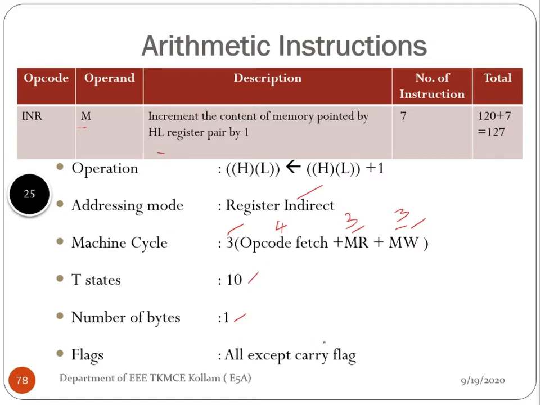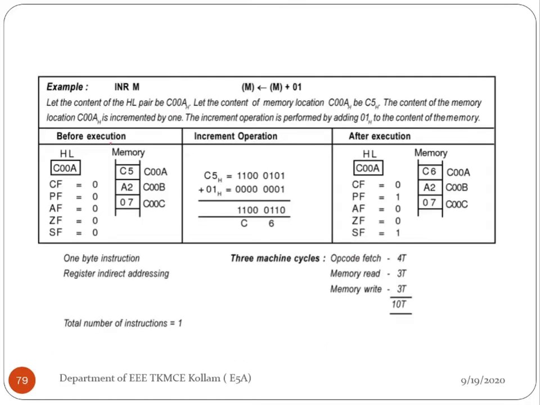All flags except carry flag are affected during the execution of this instruction. Now let's see one example of this INR M. Initially assume HL pair is pointing to this location, that is H contains C0 and L contains 0A. So in this location C00A, the content, that is M, is C5.